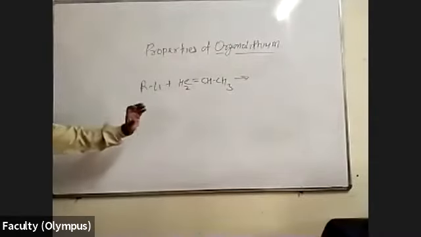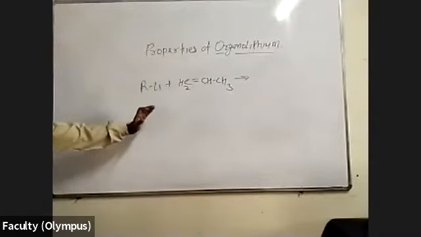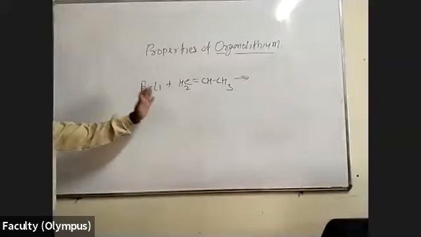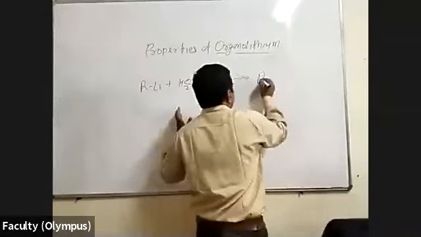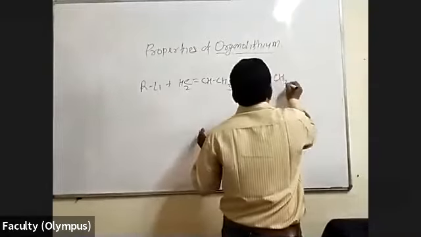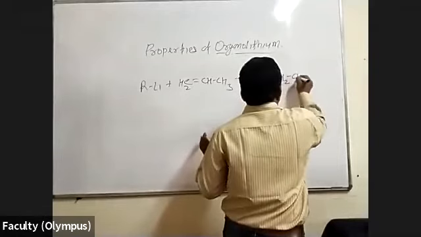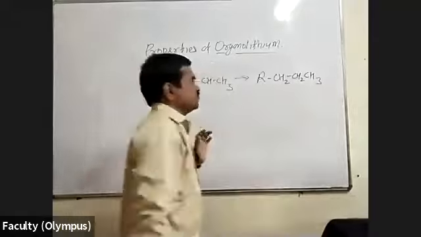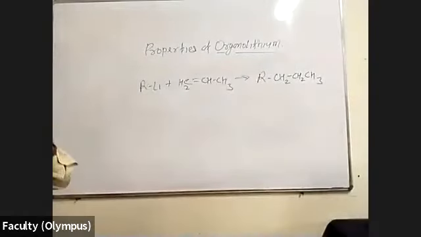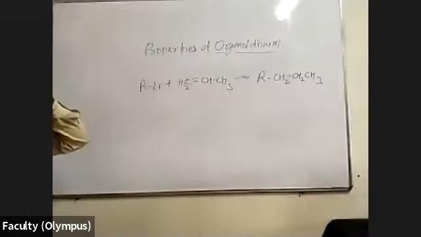They add across the double bond, and always the addition is at the terminal position. So we get R CH2 CH2 CH3.